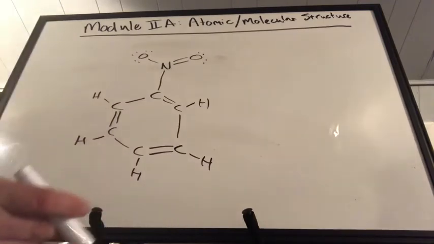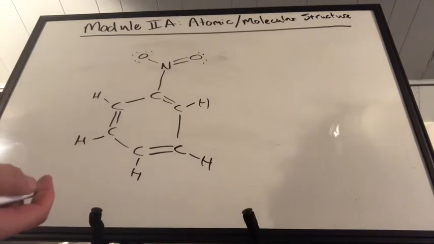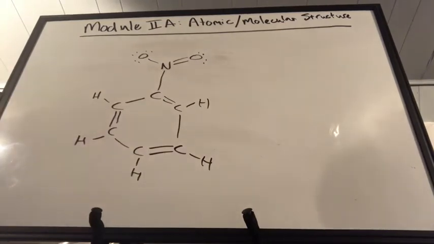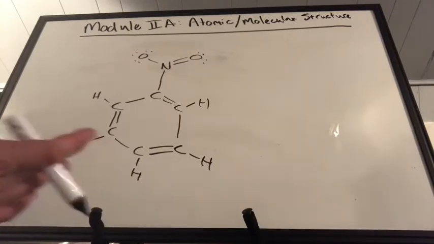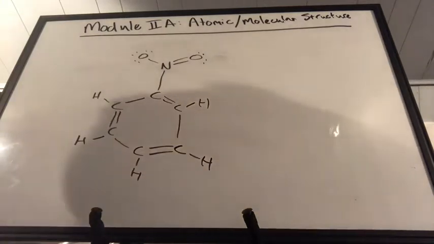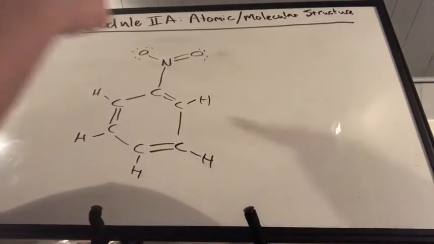Now the only exception for the octet rule, aside from your expanded octets, is the duet about hydrogen, right? So there's only that one s subshell that hydrogen has. So in other words, it can only hybridize with something else and form a duet. So there are no more protons there to drag more electrons around it. Okay. So we're good all about the ring.